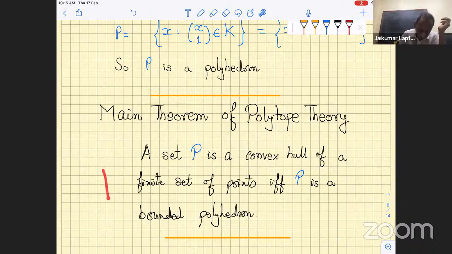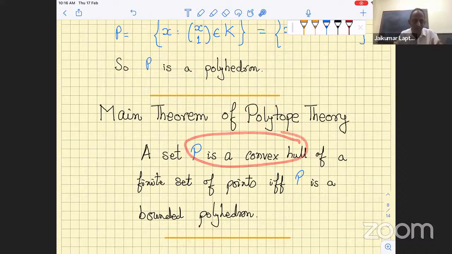And in this direction, P is a polyhedron, but we know that any polyhedron is a convex hull of a set of points plus a cone, but it is bounded. If it is bounded, that means the cone must be the zero cone. So P is a convex hull of a set of points. So it is very cheap.